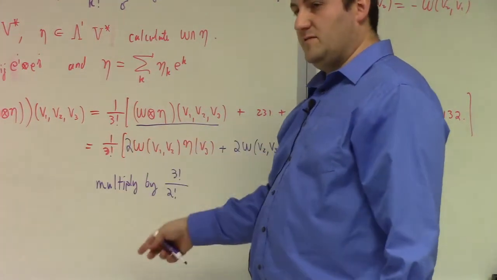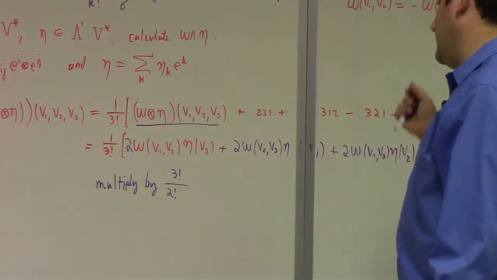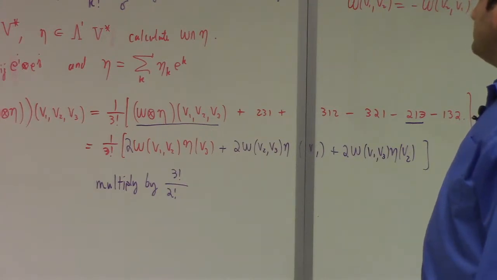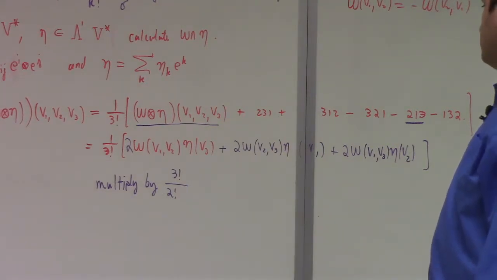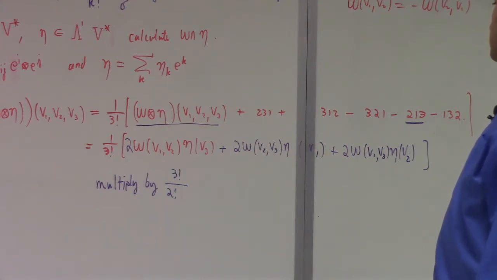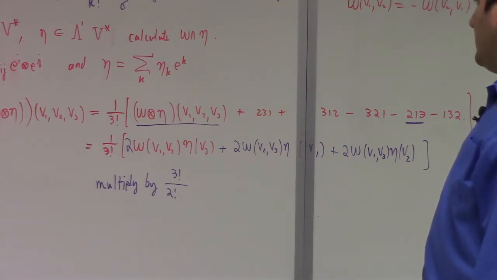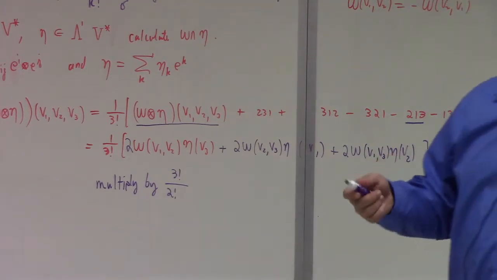The 3 factorials cancel, the 2's cancel, and you're just left with what? Well, there's pretty much those 3 terms. So that's the wedge product of that 2 form and that 1 form.